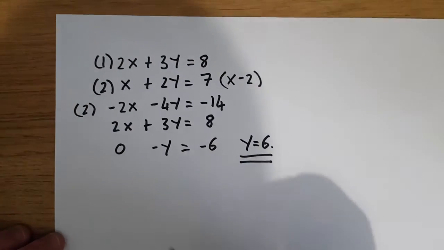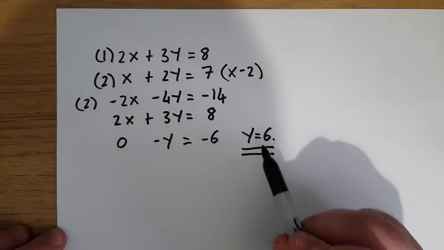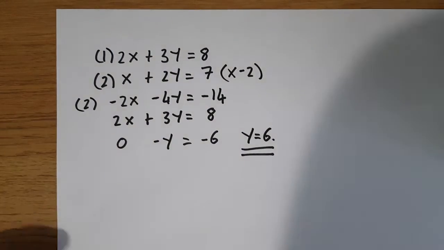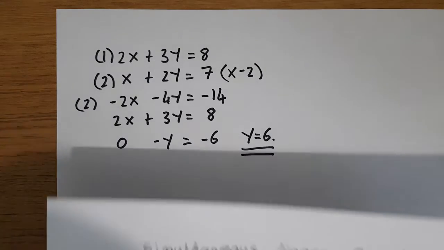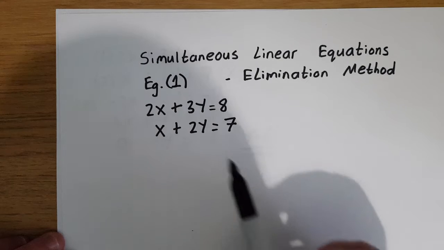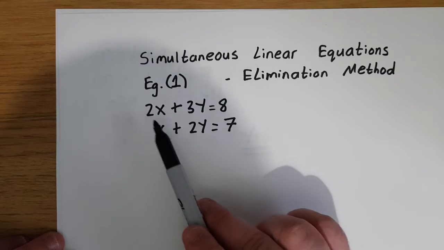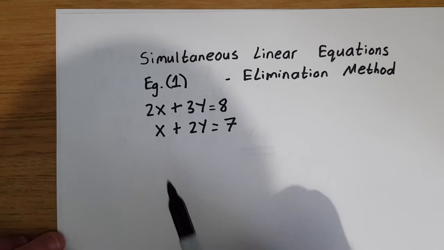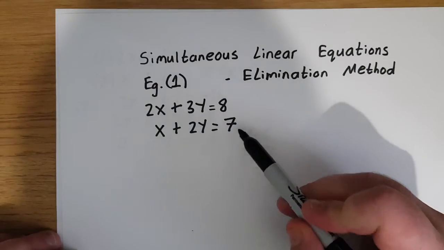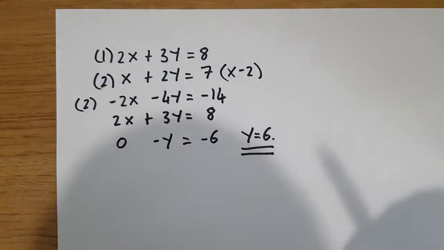In order to find out x, all we have to do is put y into either the original equation 1 or equation 2. So if we go back and look at equation 1 and 2, we decide which one would be easiest to use. So looking at equation 1 and equation 2, x plus 2y equals 7 would probably be the most straightforward one to use.